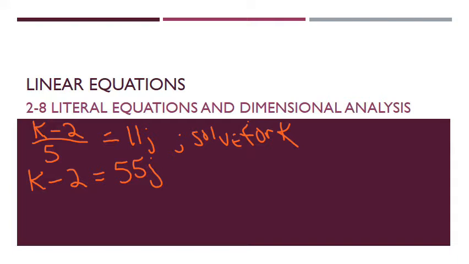Now I don't have any coefficient other than 1 on this k, and so I can just add 2 to both sides. So we've got k equals 55j plus 2. All right, so there we go. We're solving for k, literal equation. We'll look at a couple more here in just a moment.